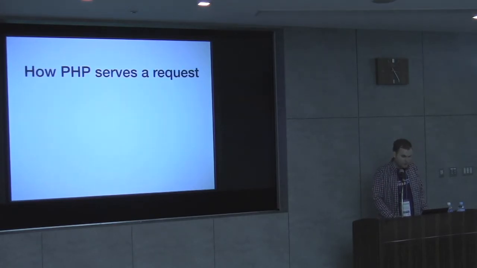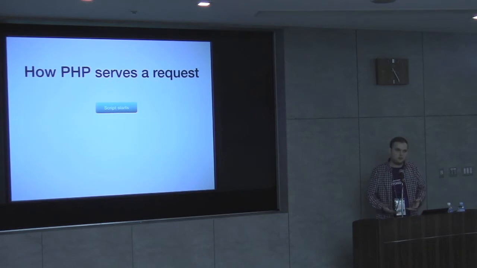So how does PHP serve a request? We start with an HTTP server getting the request from a browser or whatever, and for example, Nginx or Apache, or FPM starts a script. So basically it initializes a whole PHP engine. What it means is loading libraries, calling your whole source, your index.php source code.